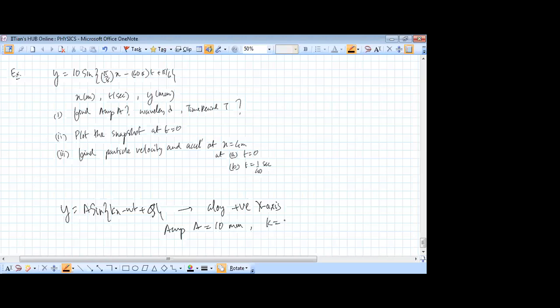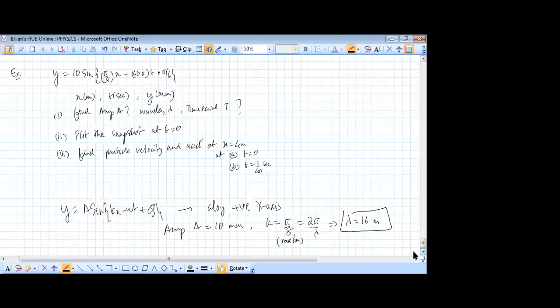k, which is pi by 8, is equal to 2 pi by lambda. So the wavelength is equal to 16 meters. x is given in meters. Because this is in radians per meter, because x is in meters.